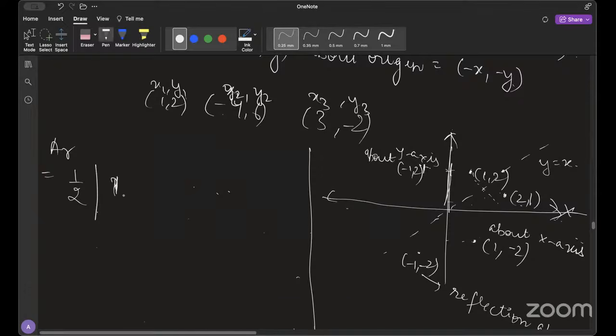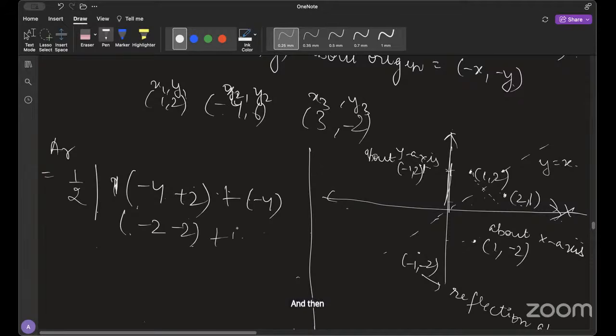The x1, which is 1. Then y2 minus y3. So it's minus 4 plus 2. And next up we have x2, which is minus 4, and y3 minus y1. So it's minus 2 and minus 2.